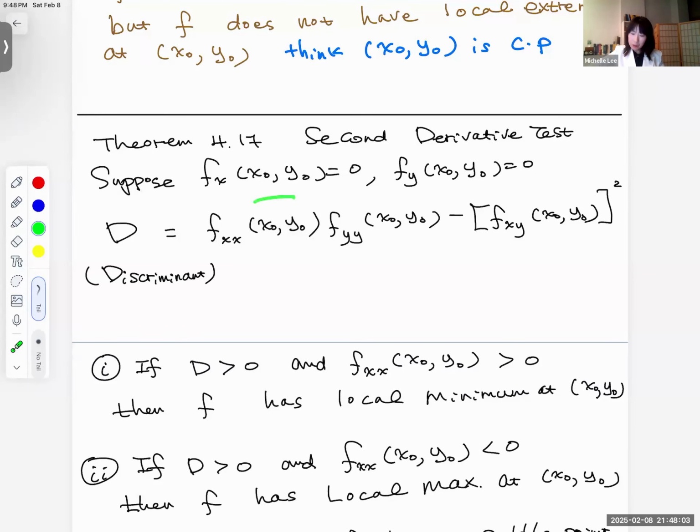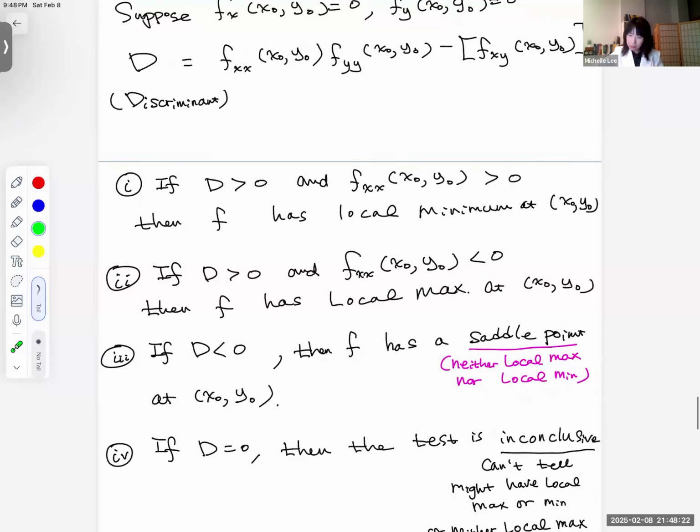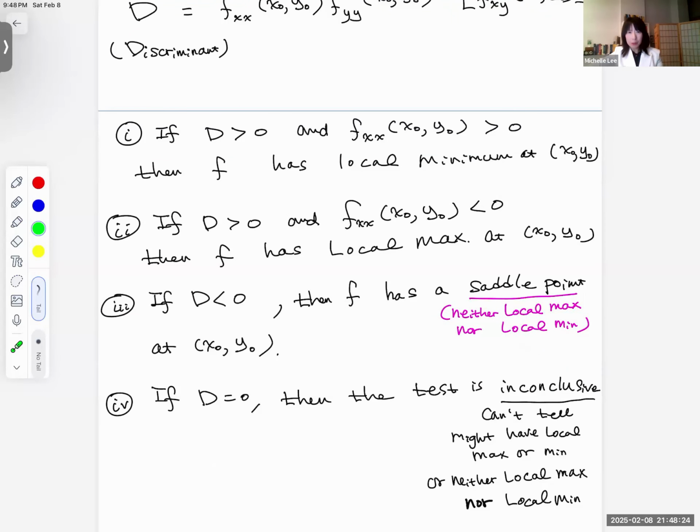Okay, so partial derivative equal to 0. But then the difference is the discriminant here, right? So this one, we have a discriminant, we have a formula, and then there is a bunch of rules. So this discriminant is greater than 0 and second derivative, yeah?